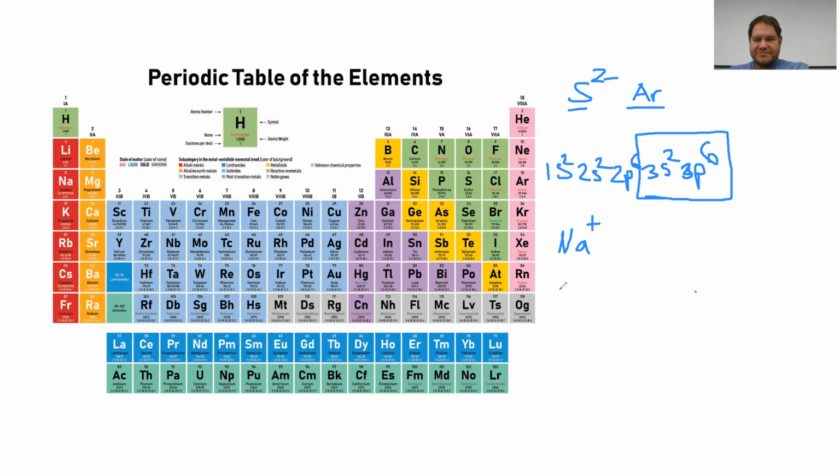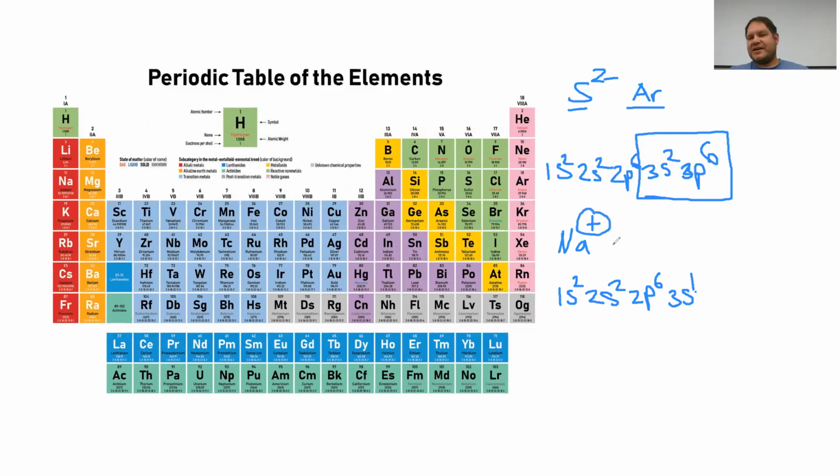So that should be 1s2, 2s2, and then 2p6, and then 3s1, okay? So this would be just regular sodium: 1s2, 2s2, 2p6, 3s1. But we're looking at sodium with a +1 charge, so it's lost 1 electron.